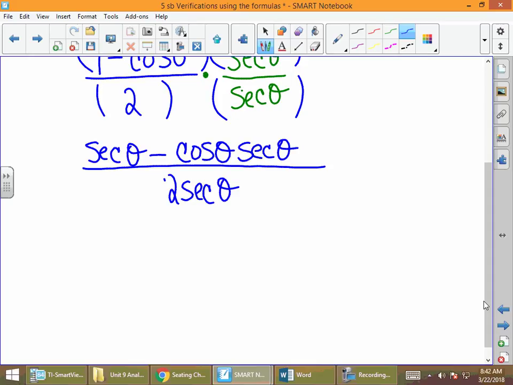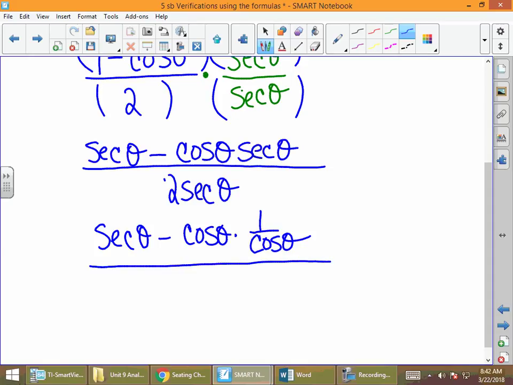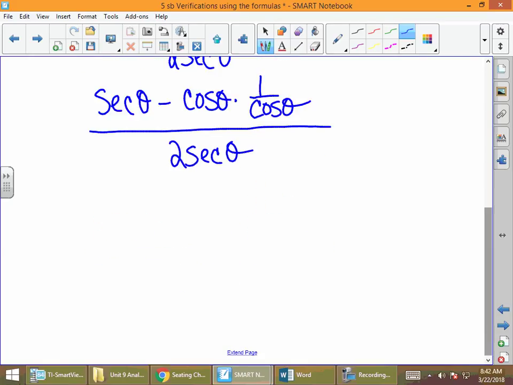But what do we know about the relationship between secant and cosine? They're reciprocals. So this is secant of theta minus cosine of theta times 1 over cosine of theta, still divided by the 2 secant of theta. And remember, when we multiply the tops, we multiply the bottoms. We don't have to find a common denominator to multiply.